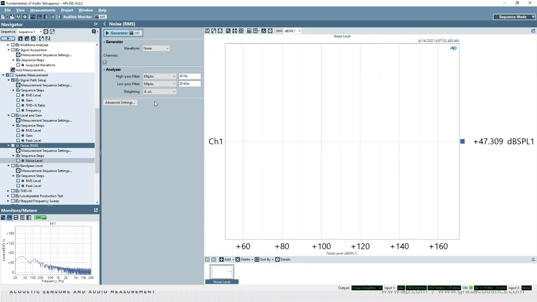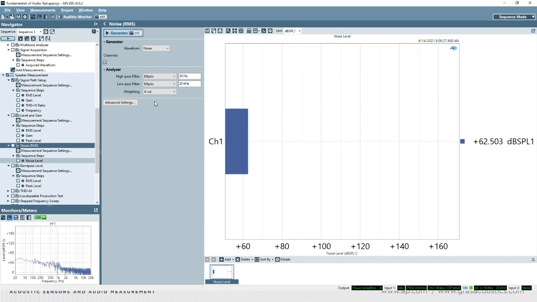Okay, thanks for that, Dan. And another question: what does coherence mean? That's another good advanced question, but very simply, if we stimulate a device with a signal, the degree to which the output signal matches the input signal in amplitude and phase across frequency is the coherence.